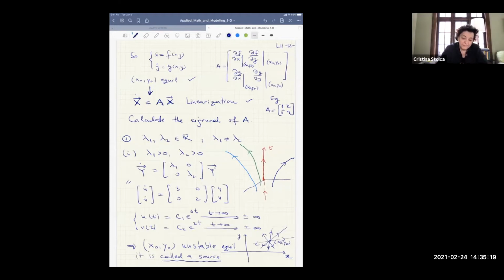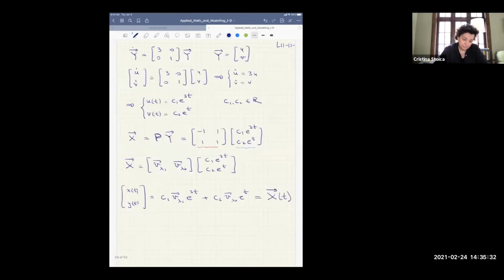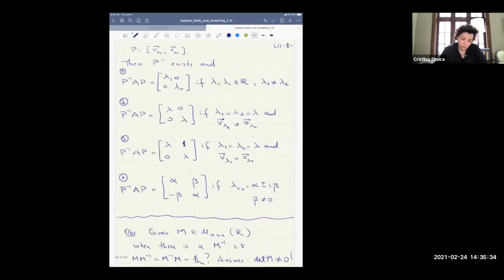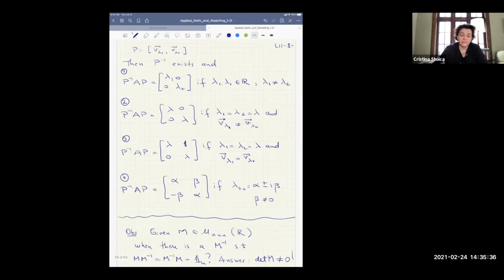And then we calculate the eigenvalues of this matrix, and then we have a classification of the stability. This classification is based on a linear algebra fact: we can change the basis, the representation of A, into a different basis where it becomes diagonal.